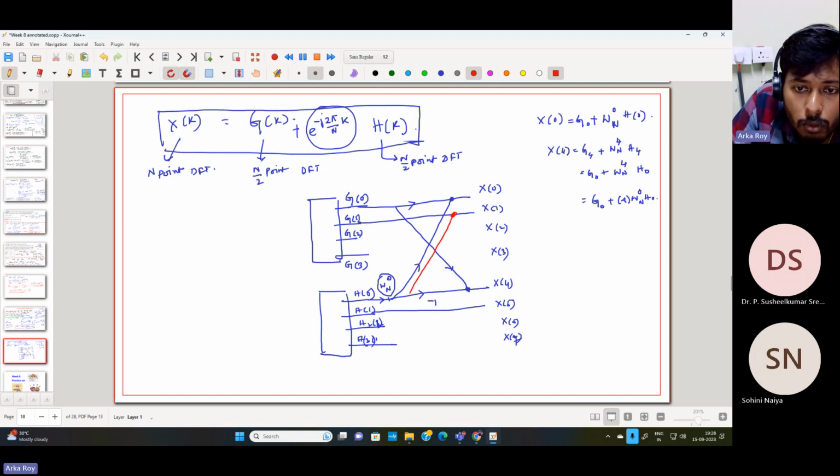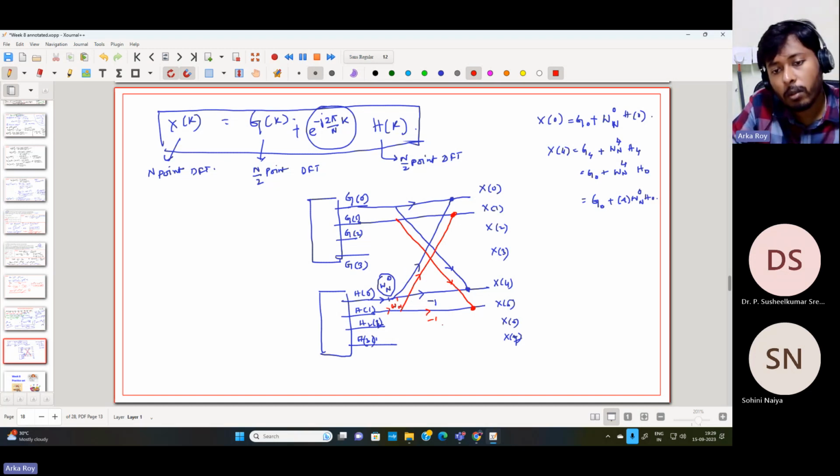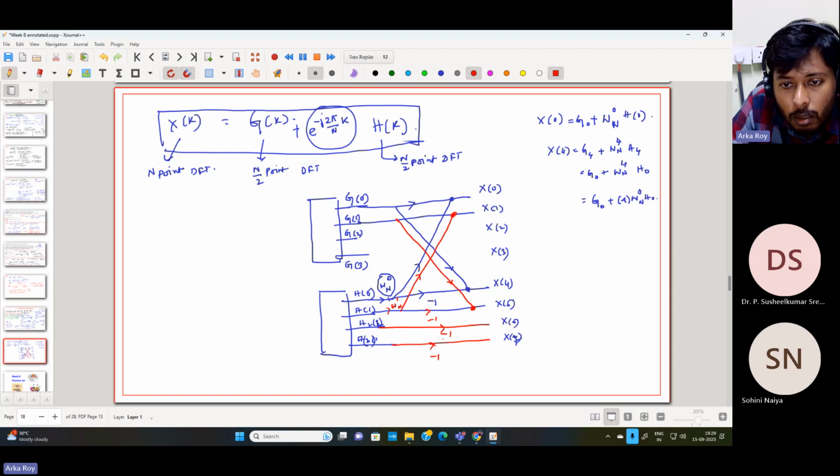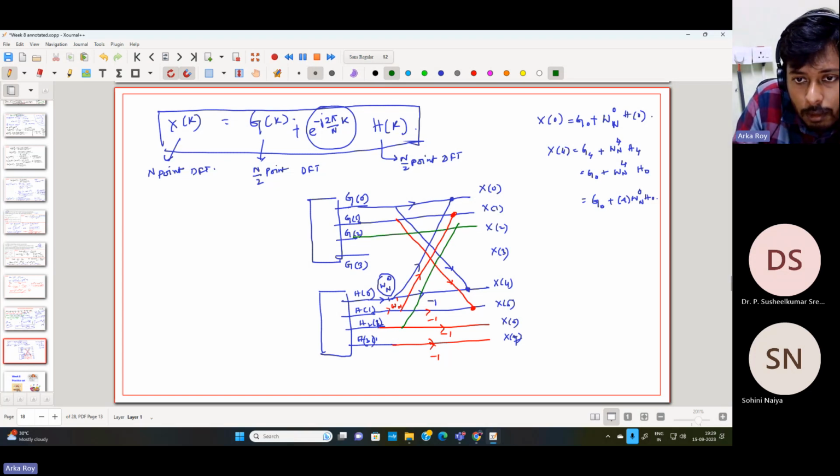things, it will be like this, and this will be the butterfly like this, and this will have the twiddle factor W_N^1, and over here again this will have -1, this will have -1, and consequently the butterflies will be, sorry, I need to extrude this one.